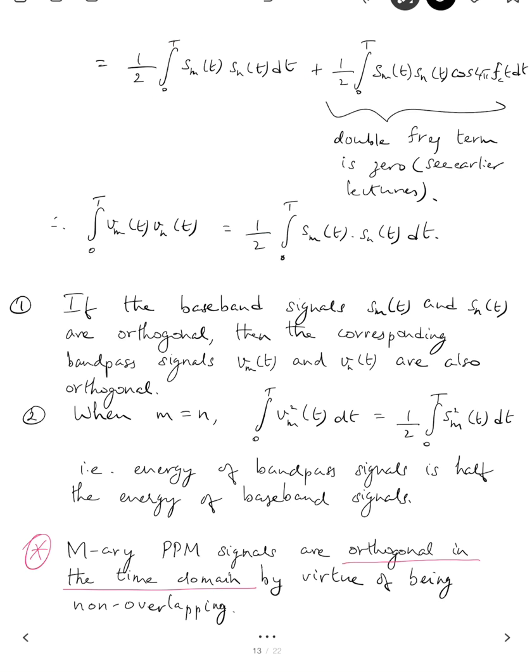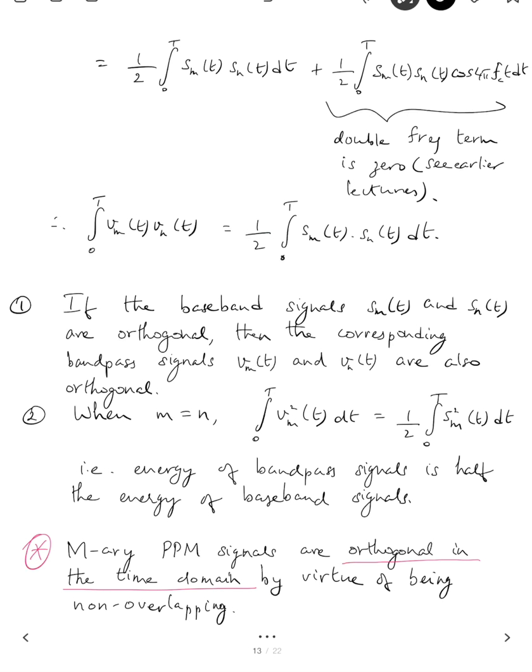So the dot product of any two of the bandpass signals Vm and Vn is equal to half the dot product of the corresponding baseband signals which were used to produce those bandpass signals. So if the baseband signals Sm and Sn are orthogonal, that means this integral would evaluate to 0. So this whole thing will be 0, and correspondingly this is equal to 0.